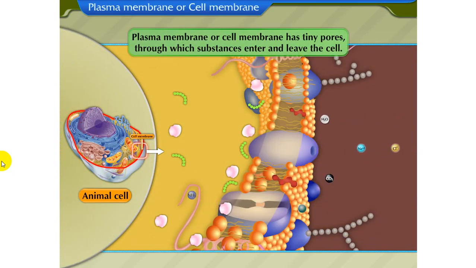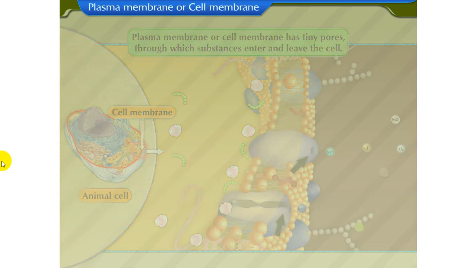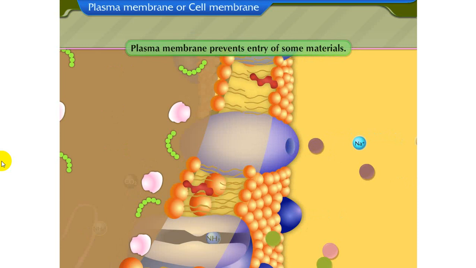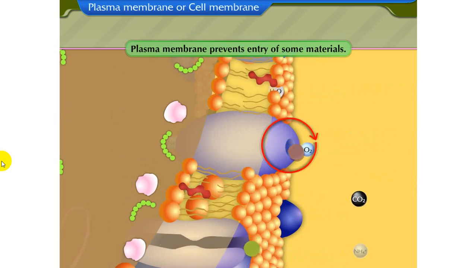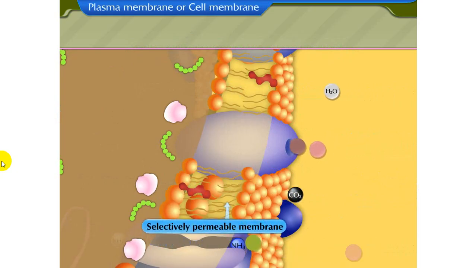The plasma membrane has tiny pores through which substances enter and leave the cell. The plasma membrane permits the entry and exit of some materials in and out of the cell. It prevents entry of some materials. Hence, it is called a selectively permeable membrane.